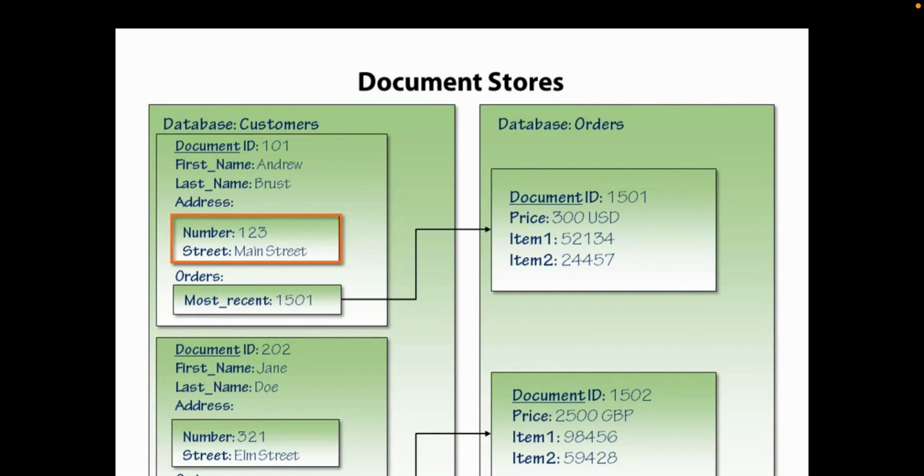You'll also see that the orders key has a document as its value, and that document in turn has a key called most recent, and the value of that key actually points to another document in another database, in this case, the order document 1501. So we can actually have hierarchical relationships, and we can have relationships between documents, even if they're in different databases.